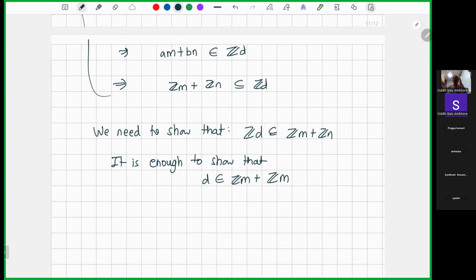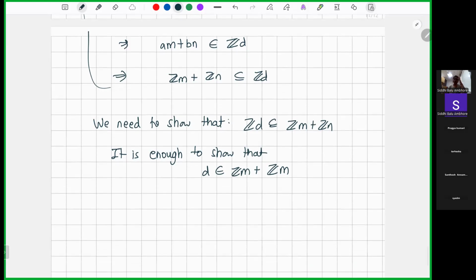So the moment I have D in Zm plus Zn, all the multiples of D will be there. I hope that is clear. So it is enough if we show that this D belongs to Zm plus Zn.